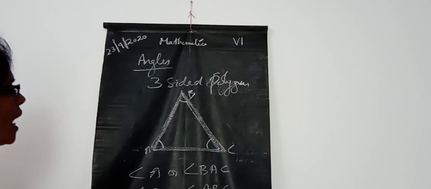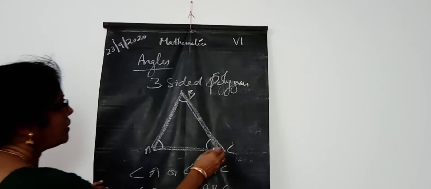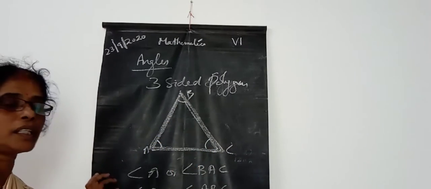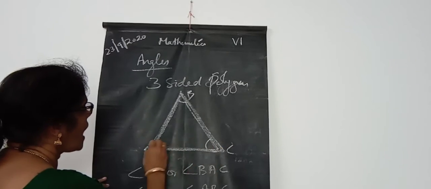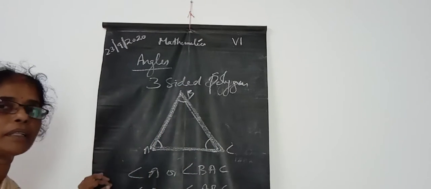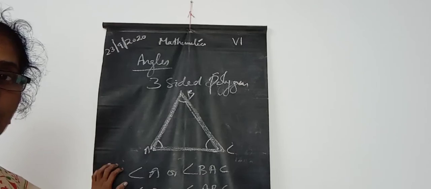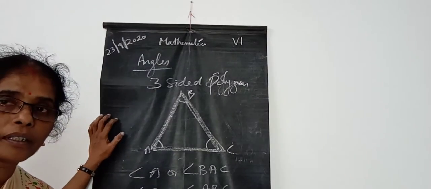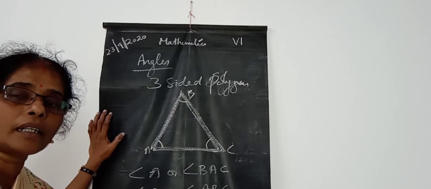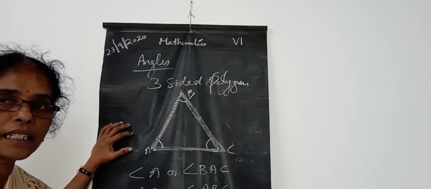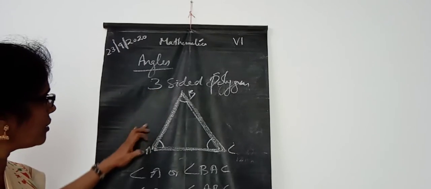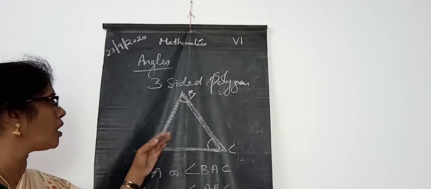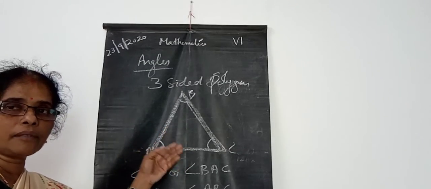Three vertices, and look here children, these are adjacent sides. These two sides, AC and AB, are adjacent sides, because adjacent sides are two sides that have a common endpoint. Here A is the common endpoint, so we call these two sides adjacent sides.